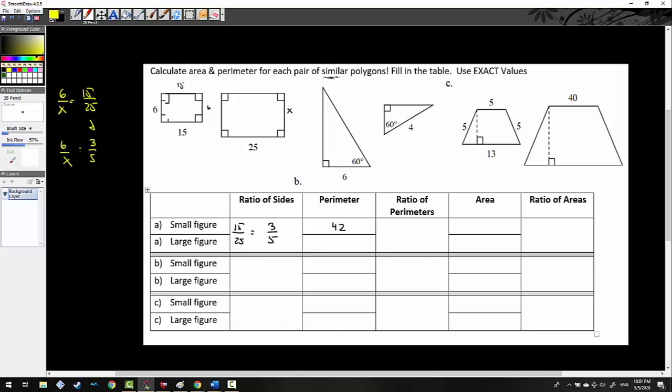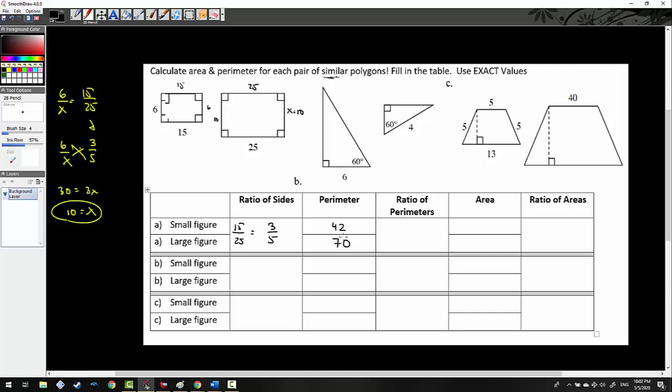I'll solve for x that way. So I'm going to get 30 equals 3x, x equals 10. That's what I punch down into this area, x equals 10. That makes this side 10 and this side 25, giving me a grand total perimeter of 70.